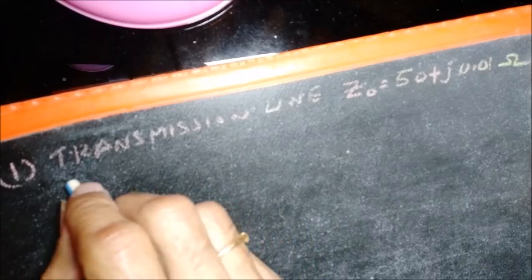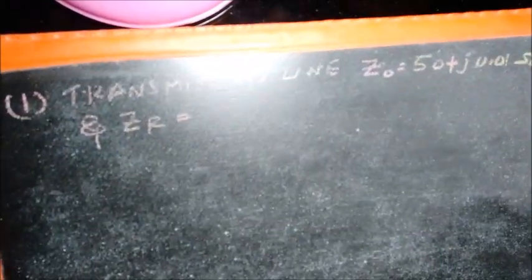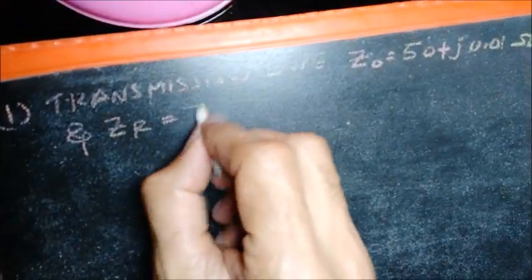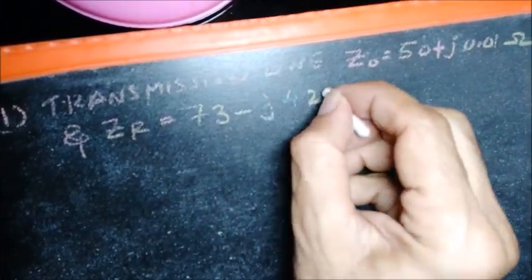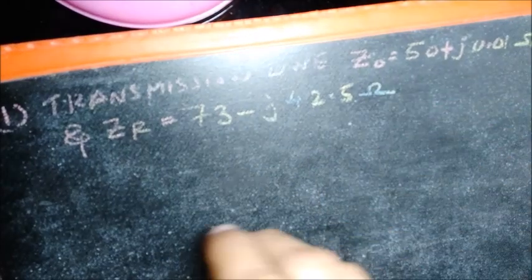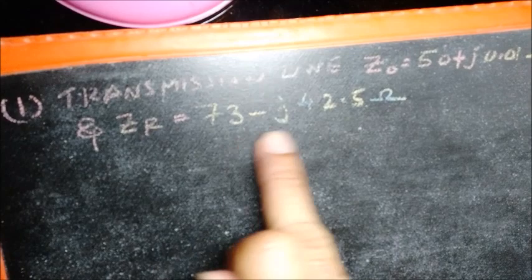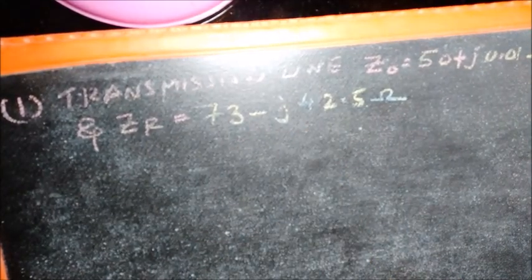And the ZR, the load impedance, is 73 minus J 42.5 ohms. So the load impedance is also not purely resistive. In fact, it has a capacitive part, 73 minus J 42.5 ohms.